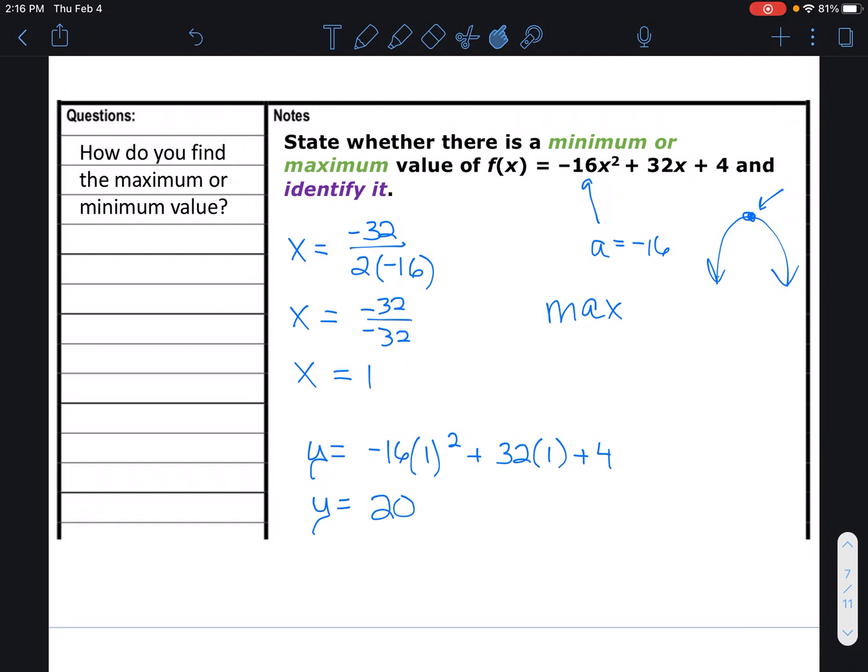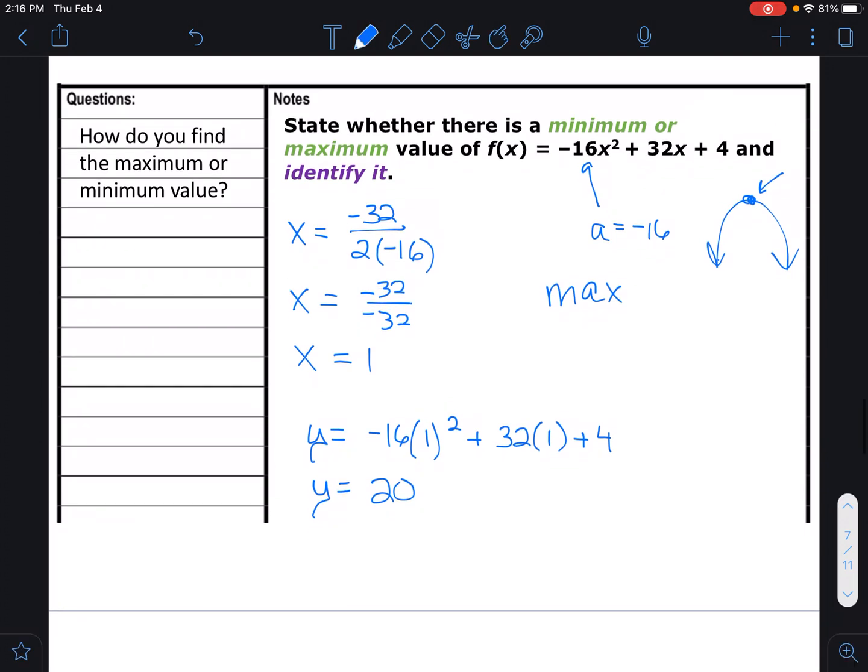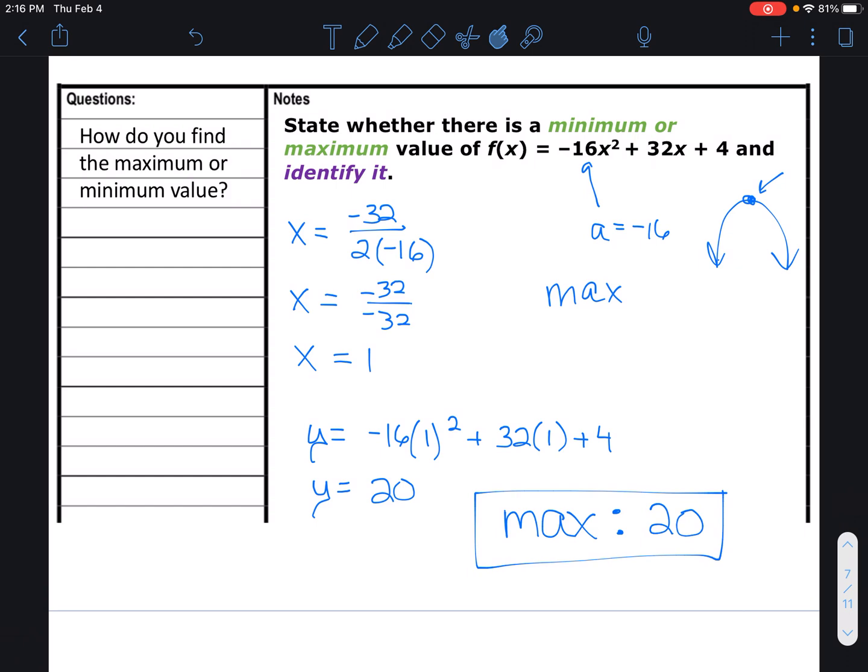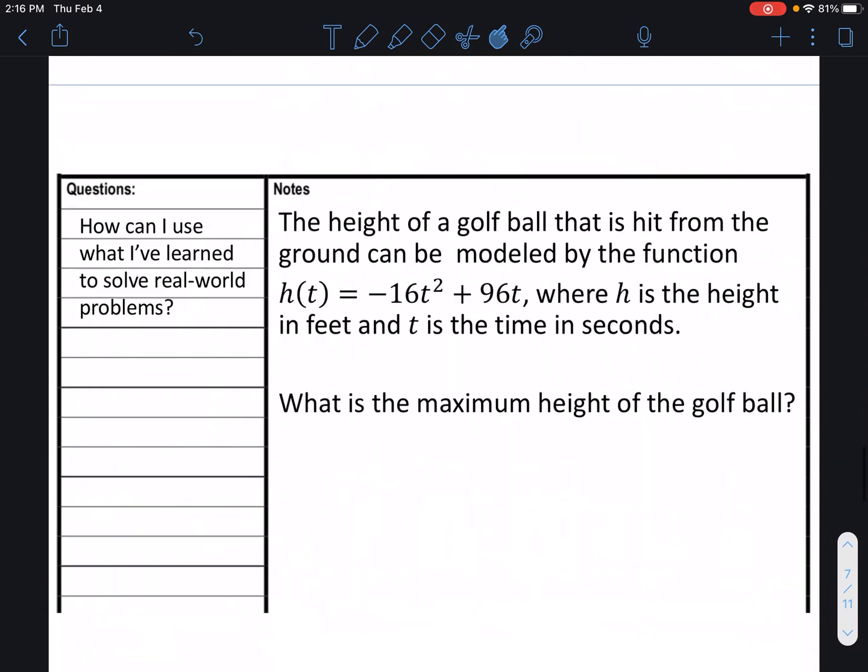So I'm going to write, it's a maximum, so I'm going to write max is 20. And this is my answer. I've identified whether it's a maximum or a minimum, and I've found out what that value is, 20. Okay? So that's how you should always write your answer. All right, and you've just found the maximum or minimum.